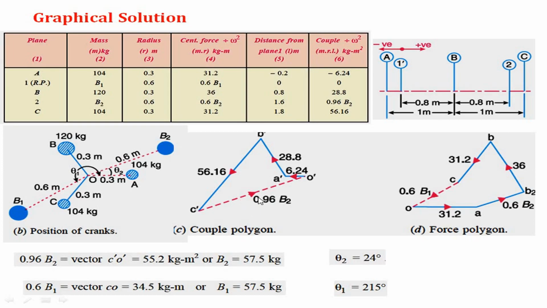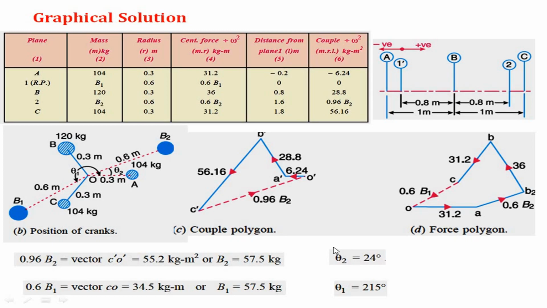We have to take a little care over here as far as the direction of vectors is concerned, because this vector is towards the first quadrant. So while we draw a parallel line to this vector, it will be drawn on the first quadrant side. So the location of mass B2 will be in the first quadrant, right?